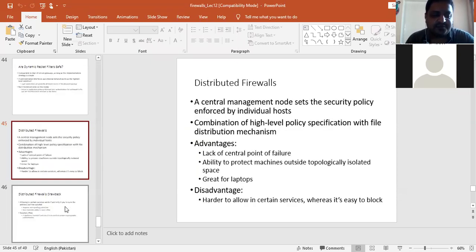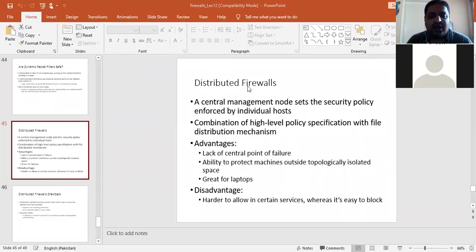And then we have different firewalls, for example, that could be scattered through different networks, and these different networks are connected with each other. So in this way, we can define distributed firewalls as well.